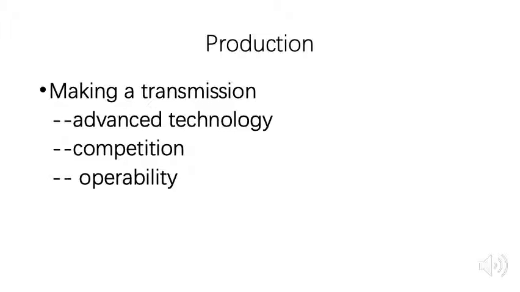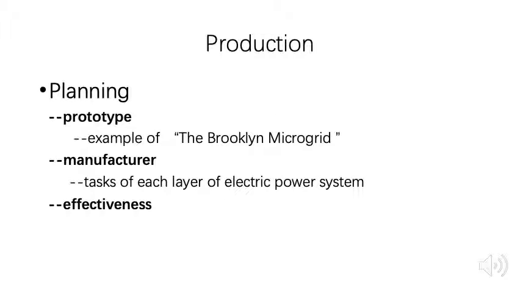And then the next one for production is that we need to make a plan. Planning is very important, and the plan also contains the following. The first one, we need to provide a model for us. To be honest, it must be a successful model that we use for this product.